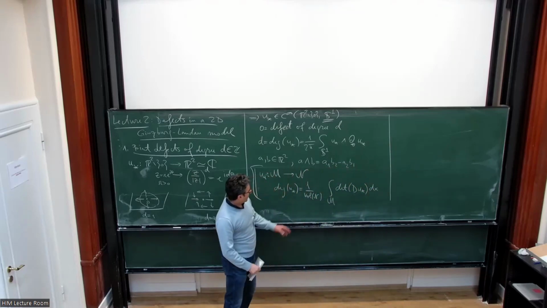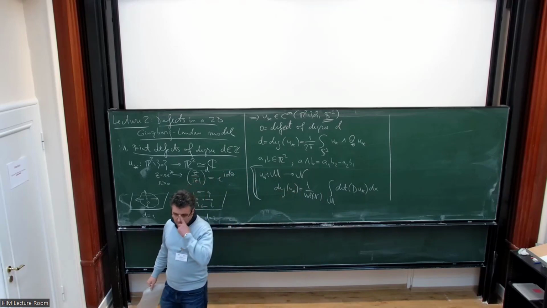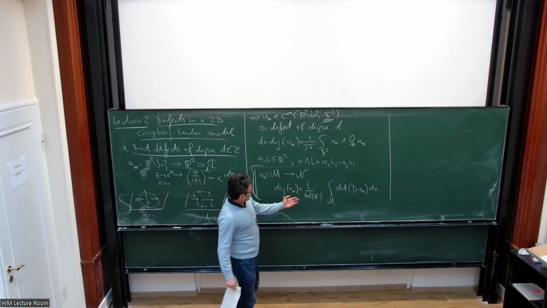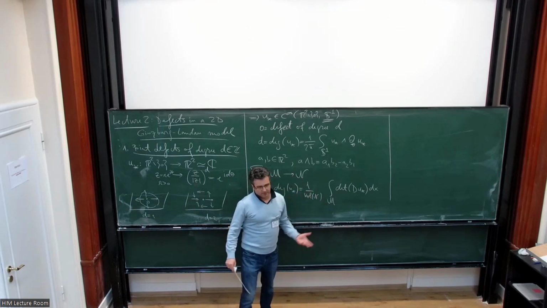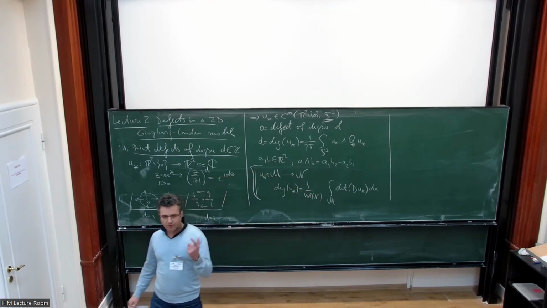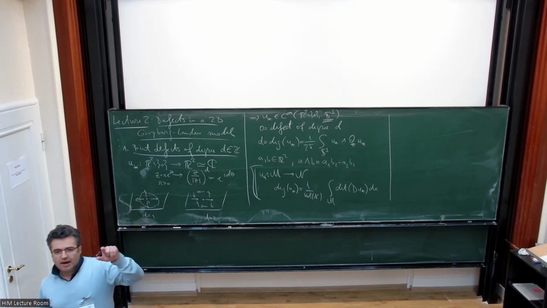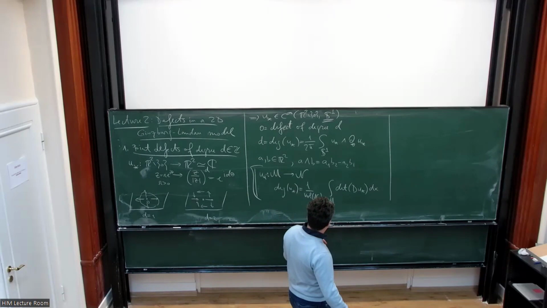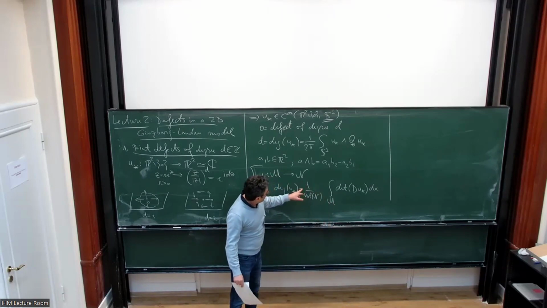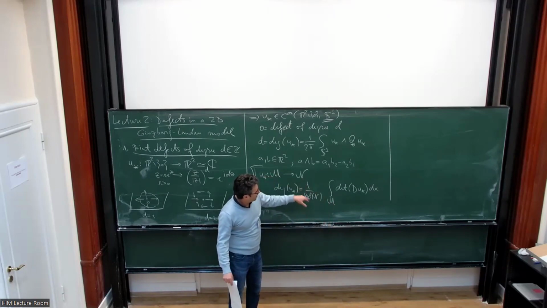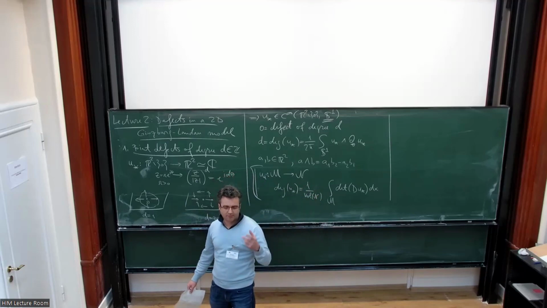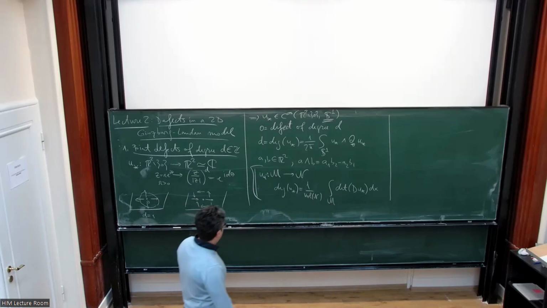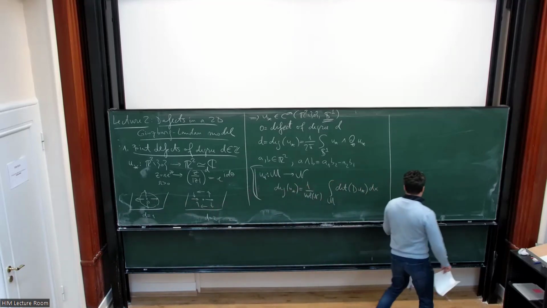So the question was, what's happening with RP1? If you do RP1, of course it's an integer. But if you see RP1 with the volume of RP1 being half of the volume of S1, then here you will have one half of that thing. So that's why you can have half degrees. There's nothing special about this.